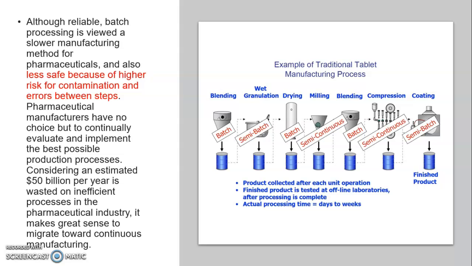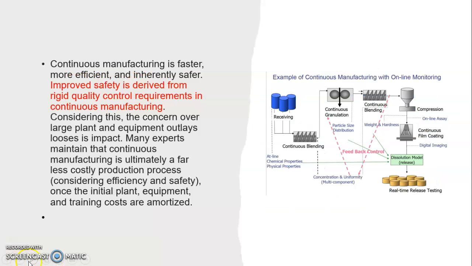For example, batch processing is quite slower and also less safe because of higher risk of contamination and error between steps. So it makes great sense to migrate towards continuous manufacturing. And this is an example of continuous manufacturing with online monitoring in pharmaceutical manufacturing.